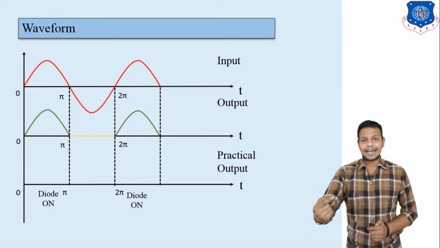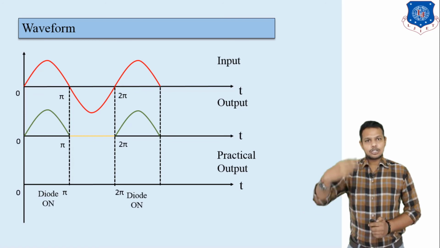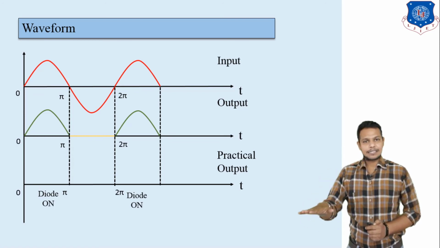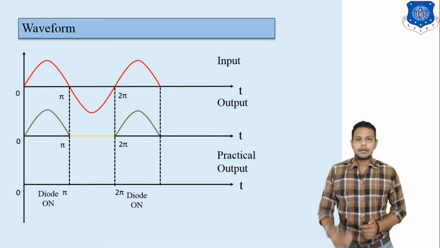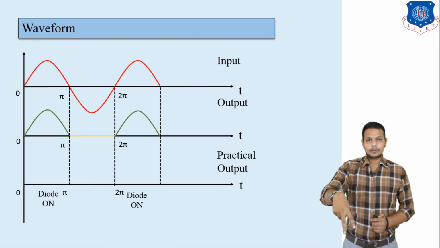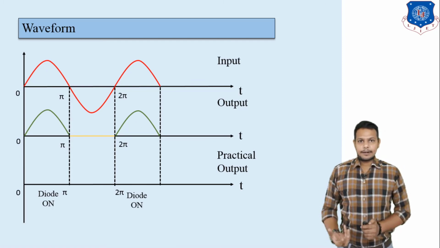If you enter a negative waveform, you will get 0, right? So 0 to pi is positive, pi to 2 pi is 0, right? But if you measure the diode voltage, what will it be?